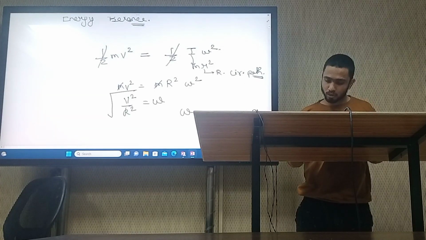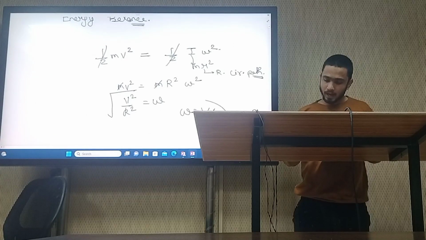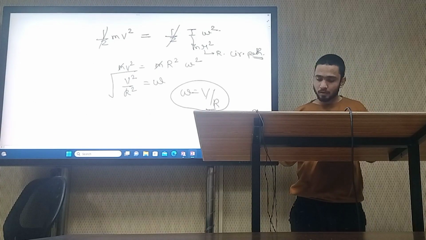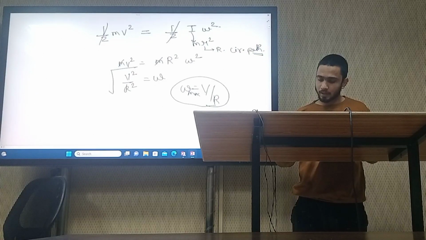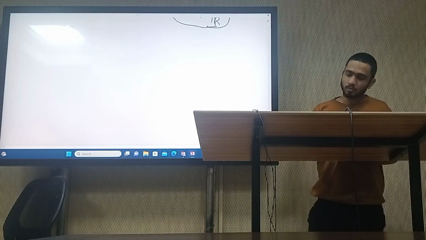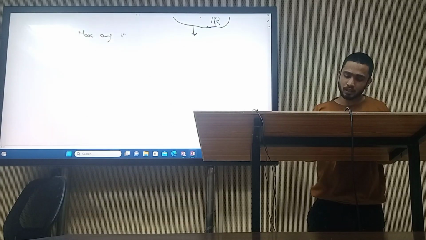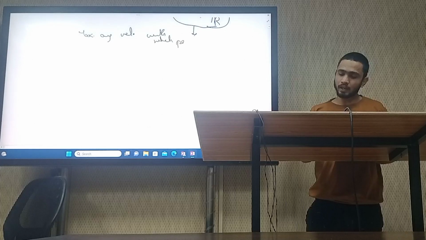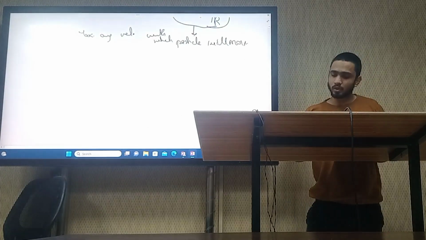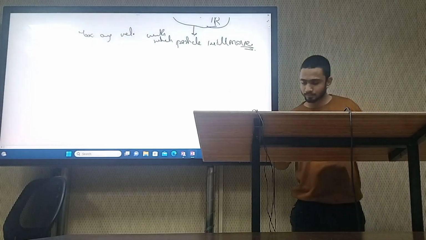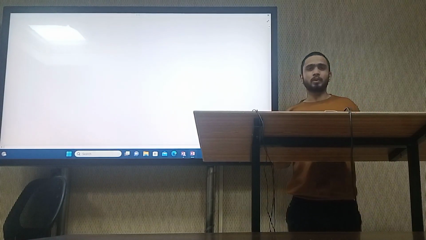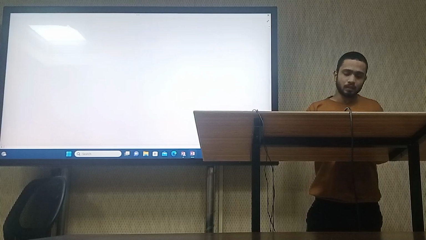So m cancels, and the square root of v square by r square is equal to omega. Omega is equal to v by r. So this is omega max, the maximum angular velocity with which the particle will move.